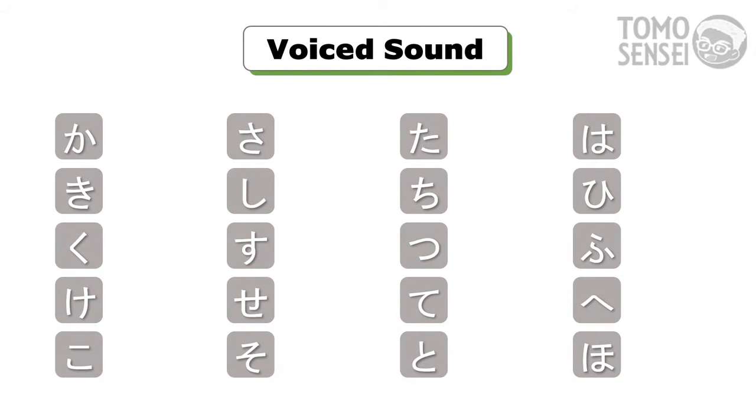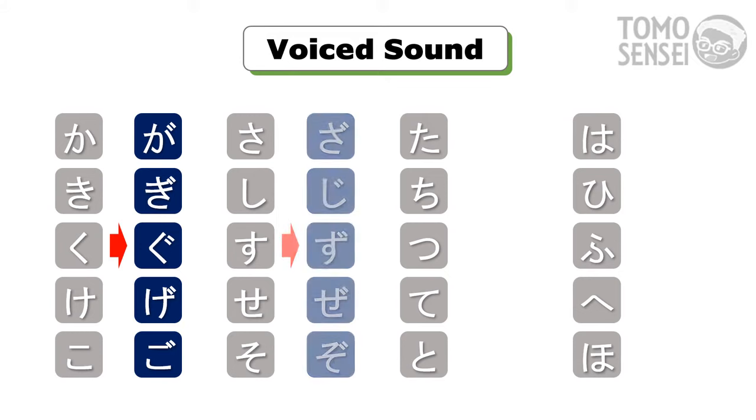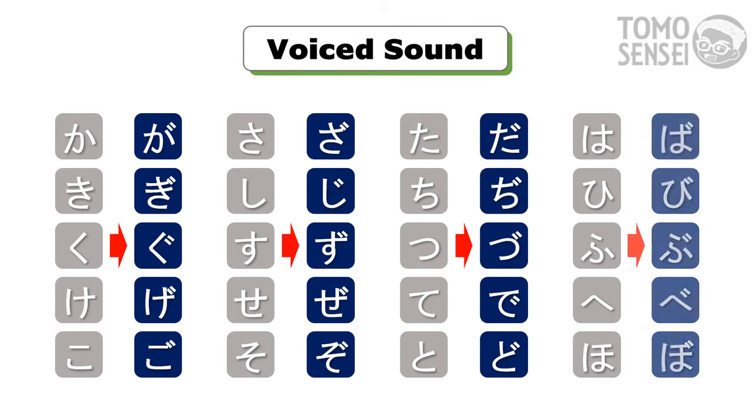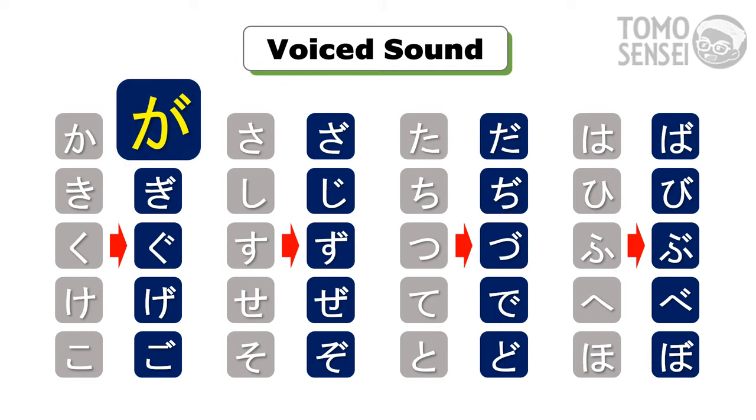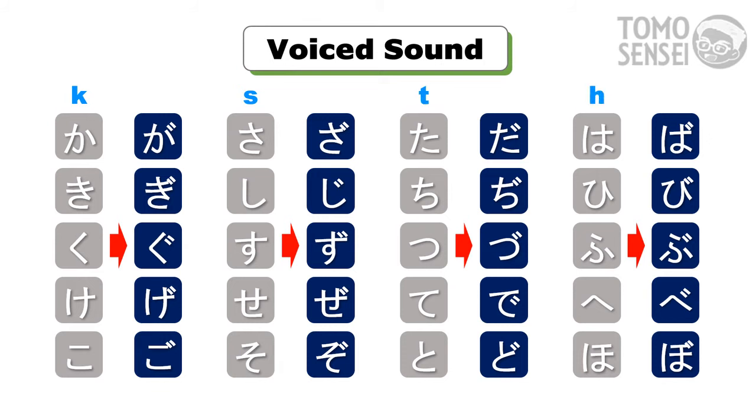Now we have 4 new ga, za, da, and ba columns. Do you see 2 small strokes on each character? We call it dakuten. When dakuten is added to the unvoiced consonants k, s, t, h, they become voiced consonants g, z, d, and b.